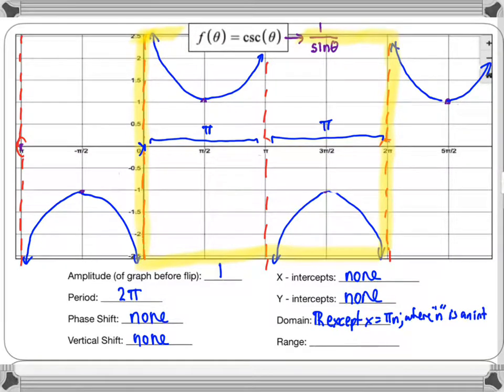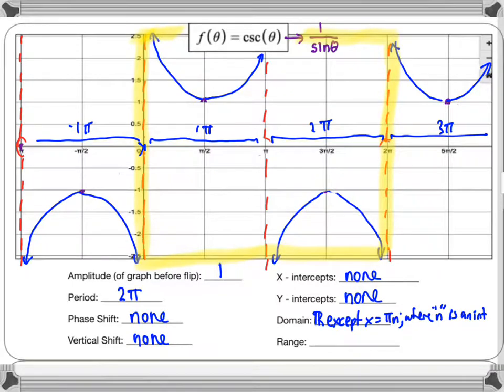That means every increment of pi from 0, so this would be 1 pi, 2 pi, 3 pi, whatever n is, there's going to be a break, and going back it would be negative pi, -1 pi, etc.